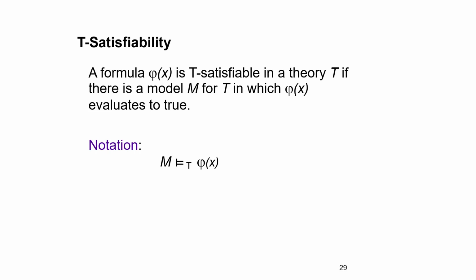And of course, if we have a specific theory in mind, like the equality, we would always be interested only in models that actually satisfy the equality as we know it. If there's some model and it redefines equality, then we're not really interested in this, right? So we're usually interested in some T-satisfiability for some chosen theories that we are using.